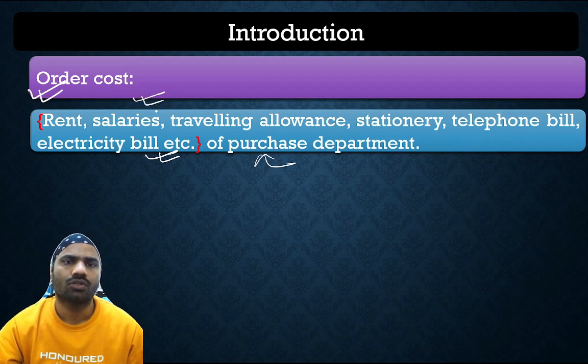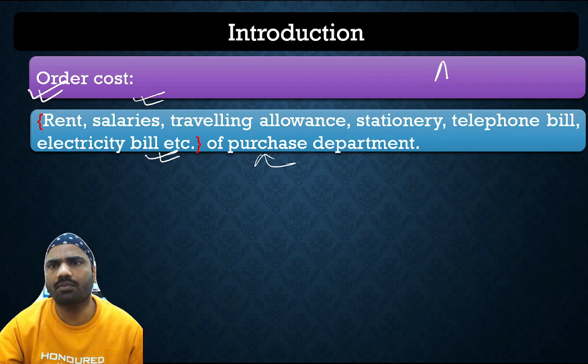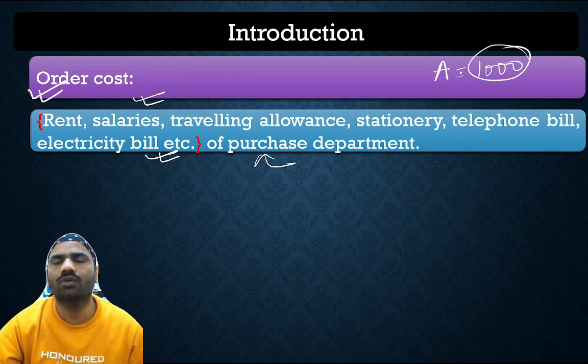Let us say you have an annual demand of 1000 quantity and a monthly consumption of 100 quantity, then you have to place 10 orders.